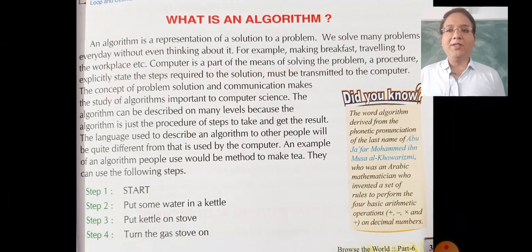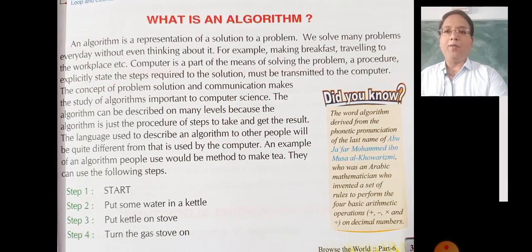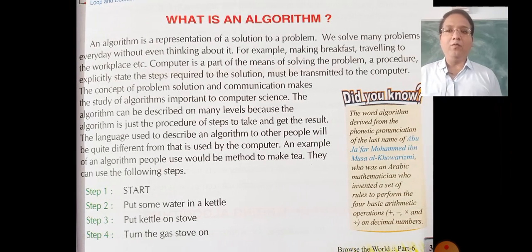An algorithm is a representation of a solution to a problem. We solve many problems every day without even thinking about it. For example, making breakfast, traveling to the workplace, etc. A computer is a part of the means of solving the problem.